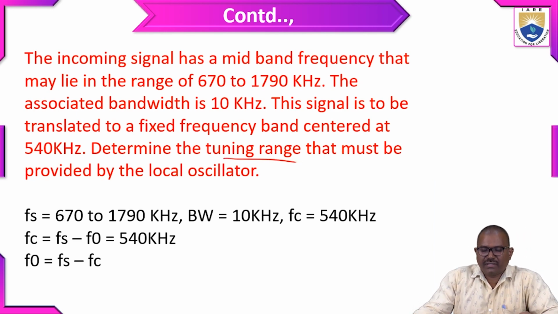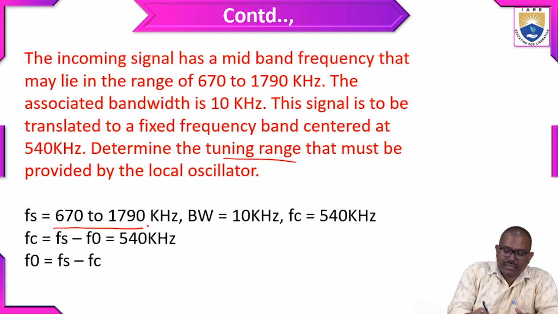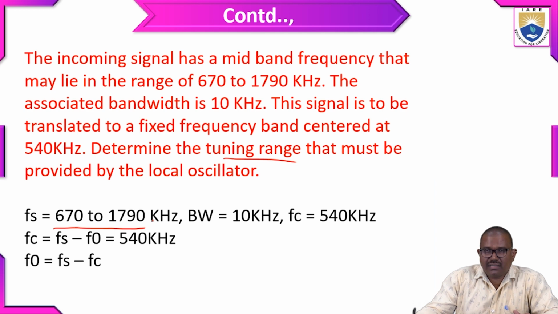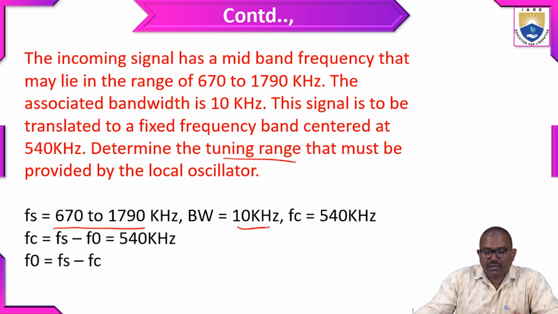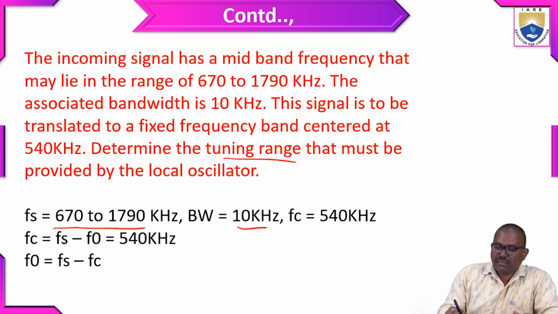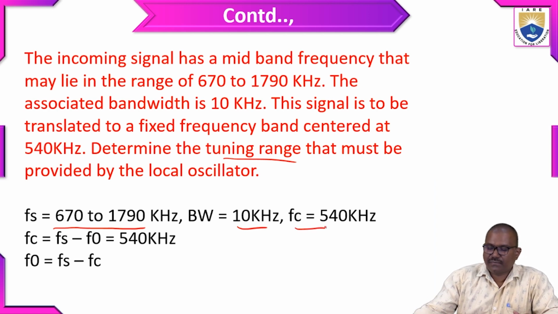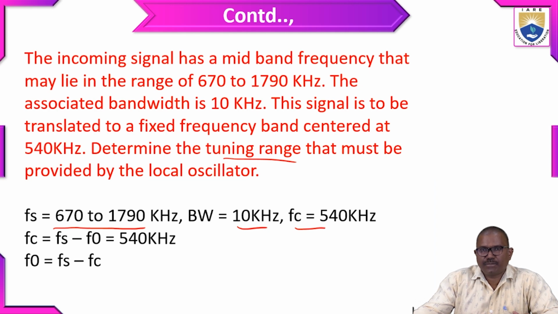The given Fs, the signal frequency, is 670 to 1790 kilohertz, the bandwidth is 10 kilohertz, and the fixed frequency, taken as the carrier frequency, is 540 kilohertz.